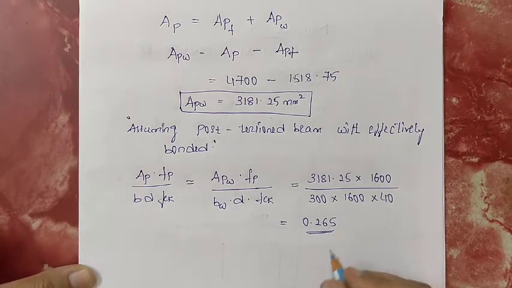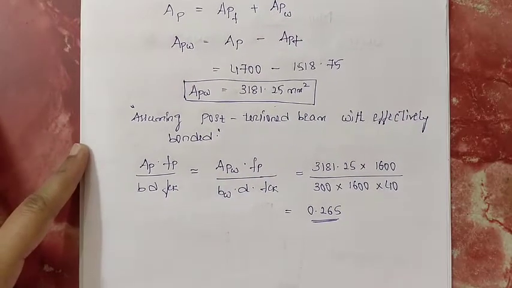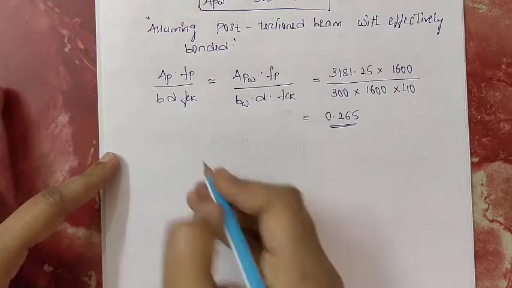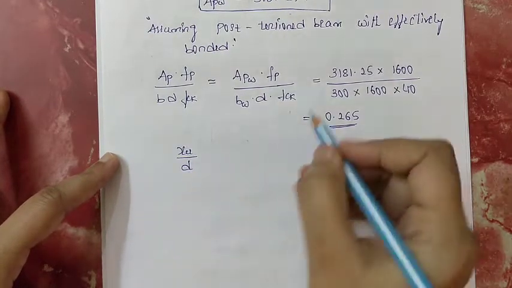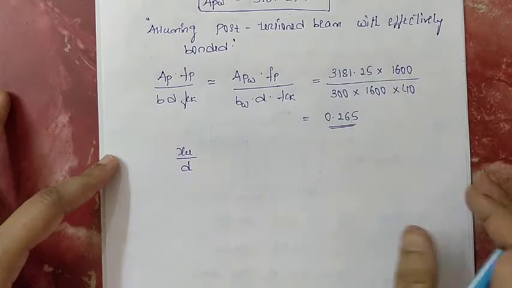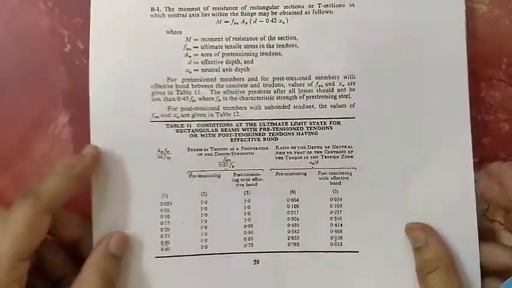Next you calculate first the XU by D ratio. By seeing it is a post tension beam with effectively bonded, that is table 11.